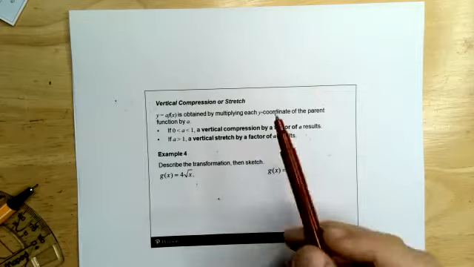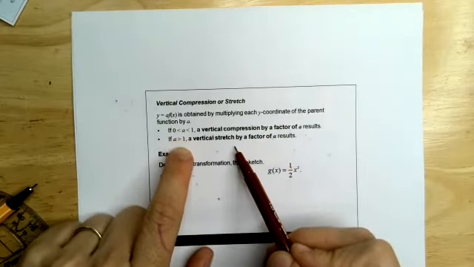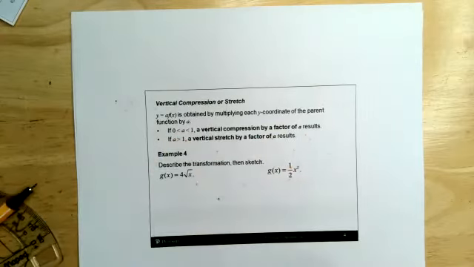It's a compression if it's a fraction, it's a stretch if it's not a fraction. g of x equals 4 times the square root of x. It's outside the grouping symbol, so I know it's vertical. It has to do with the y-axis.